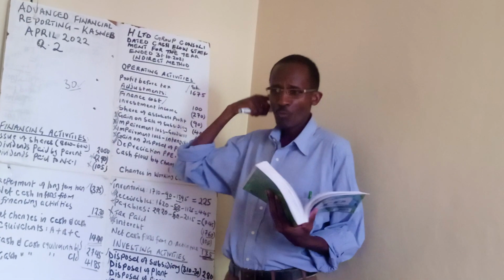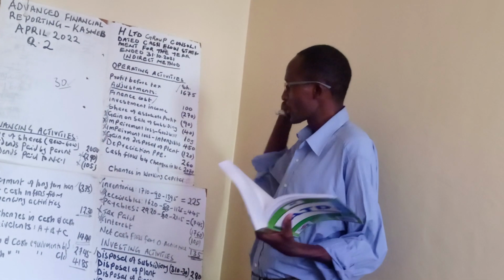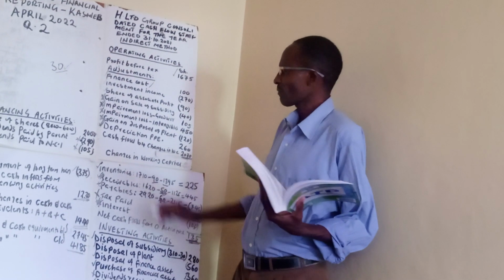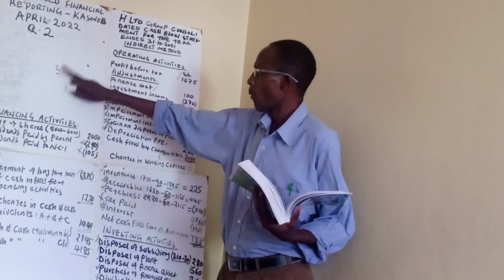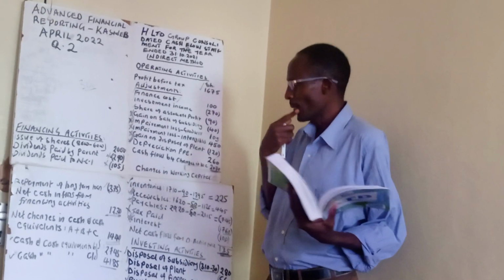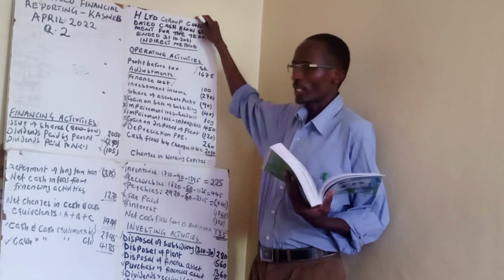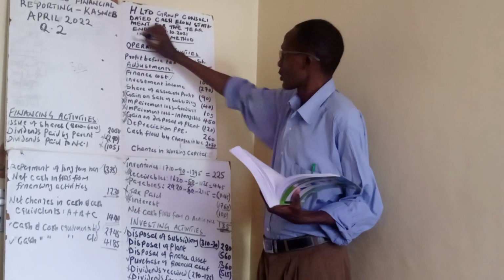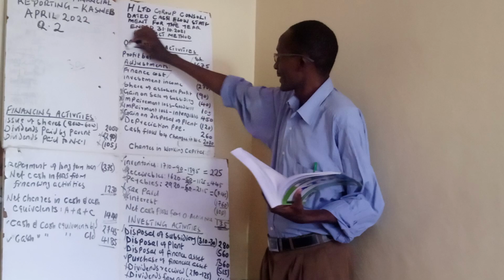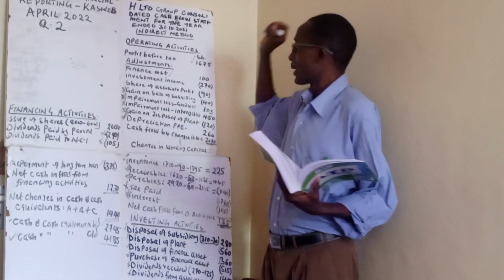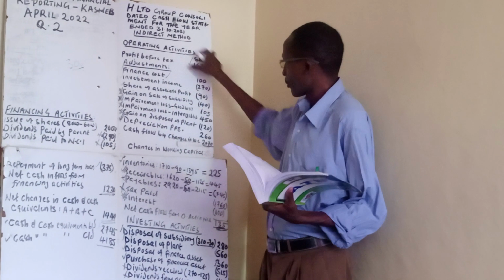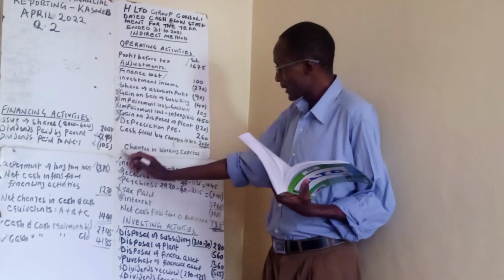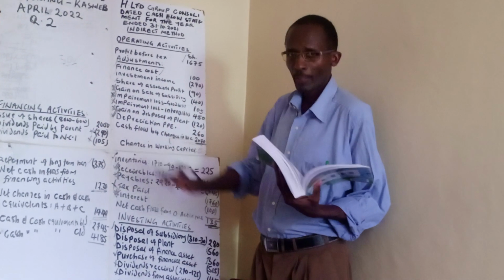Now, for the purpose of workings, because most of you got this question correct, but this is how you should have presented it. I'll be doing the workings separately elsewhere, but this is how I expected you to attempt that question. First, you must show the heading well. Operating activities: they are telling us to use the indirect method, take the profit, adjust it accordingly, and then adjust the changes in working capital.